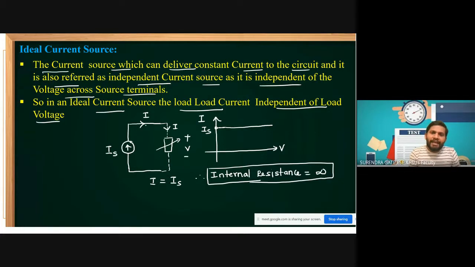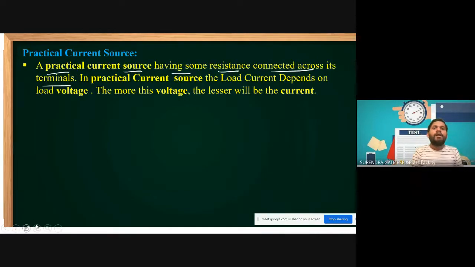But in an ideal current source, the terminals are open circuited, so what is the resistance? Infinity. That's the reason why I told you that the internal resistance equals infinity. But in a practical current source, which has some resistance connected across its terminals, the load current depends on the load voltage. The greater the voltage, the lesser the current.